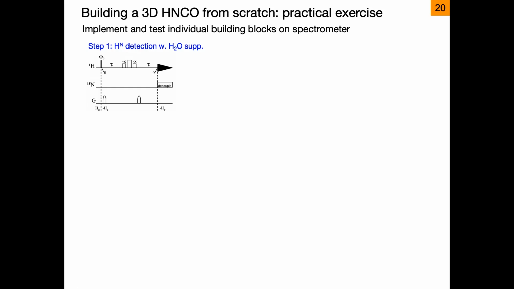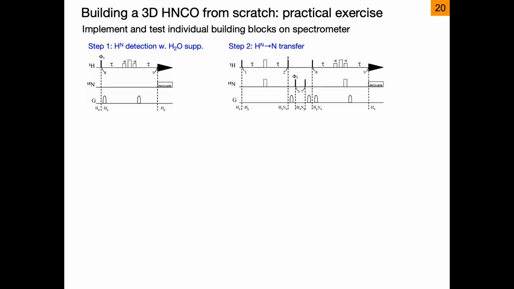So the water is continuing transverse, but it's now surrounded by these two gradients, and then the water is effectively killed. And it's a very nice sequence to detect amide protons. Now, we do this as a first step to get a quantitative signal of the amide protons. And then we can go on with all the steps that I showed you before.